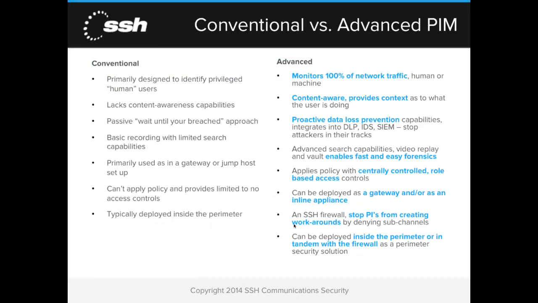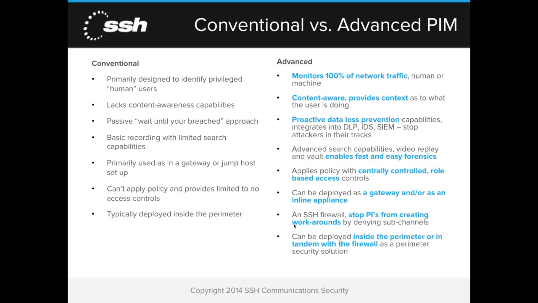So let's look a little bit at conventional versus advanced privileged identity management. Conventional are things that have been out there for quite some time. These are solutions that are designed to really identify privileged human users, and then either through password sharing vaults or some other methodology give them access through a gateway.